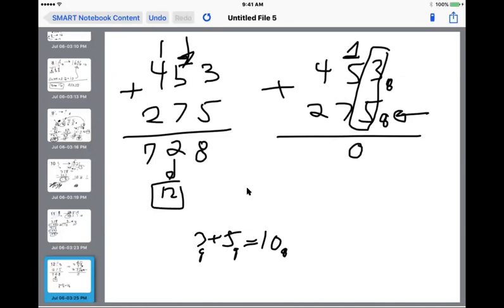And now we do the same thing. 1 plus 5 is 6. 6 plus 7, in our mind, we picture 6 plus 7 is 13. But then we have to think for a second. 13 in base 10 is an 8 and looks like 15 in base 8. Now, people who live in the base 8 world would just know that 6 plus 7 equals a thing that looks like 15.